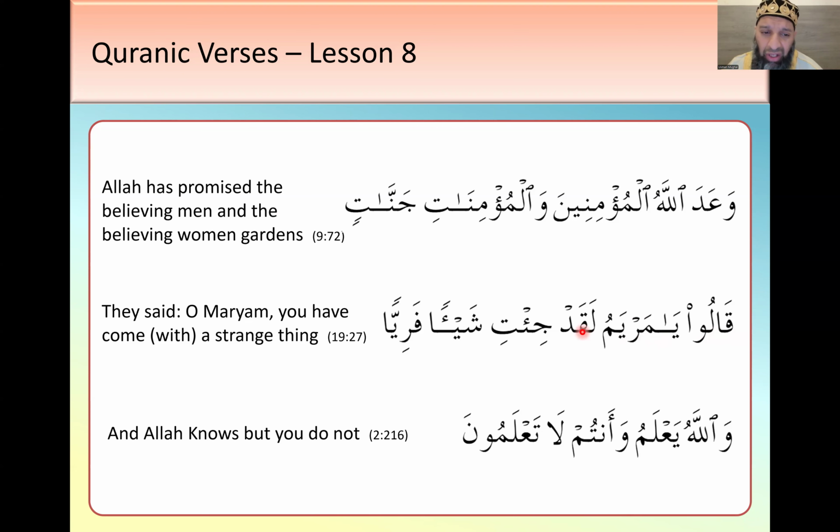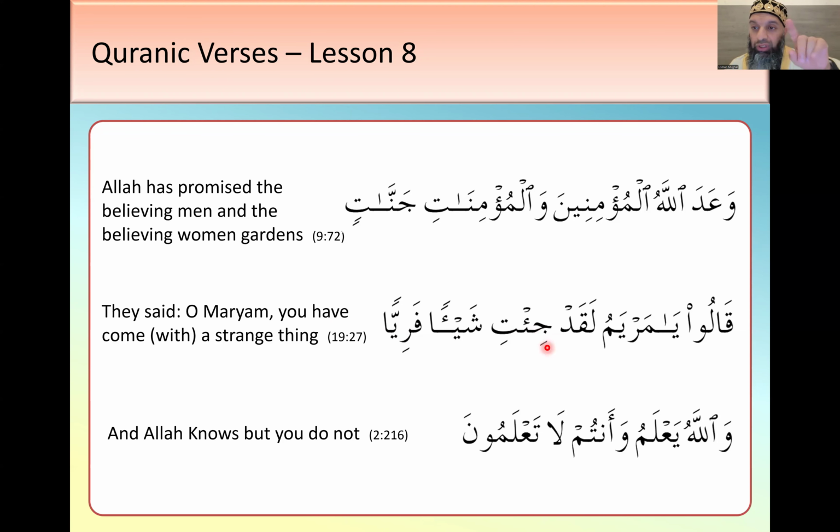O Maryam. Laqad. Many times it translates as indeed, but the translation hasn't been written here. So in some translations, you might want to quickly have a look, it might have an indeed there. Jiti. Ja'a means to come, and jiti means you came, and it's feminine. Jita would be masculine, and ja'a, by the way, is a weak verb. Ja'a, ja'u, and then it becomes jita.